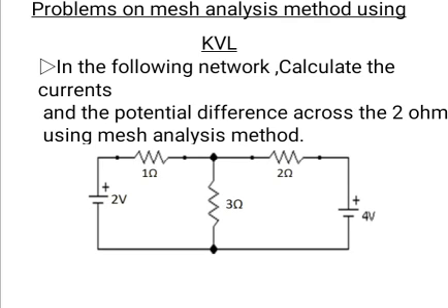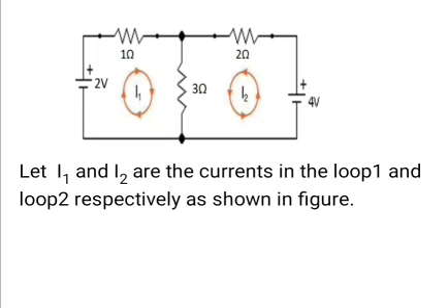Problems on mesh analysis method using KVL. In the following network, calculate the currents and the potential difference across 2 ohm using mesh analysis method. In the given network, let I1 and I2 be the currents in loop 1 and loop 2 respectively, as shown in the figure.